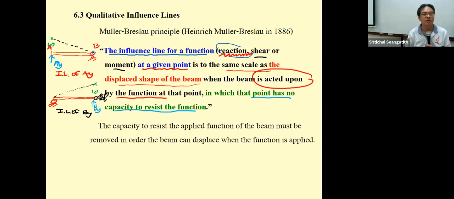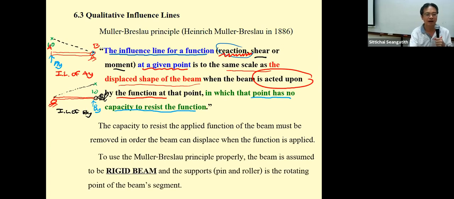That means we can draw the influence line diagram of the reaction by first taking the support at A out, putting the reaction A sub y at that point A, and moving it one unit. The shape of the beam that is displaced is the influence line diagram.